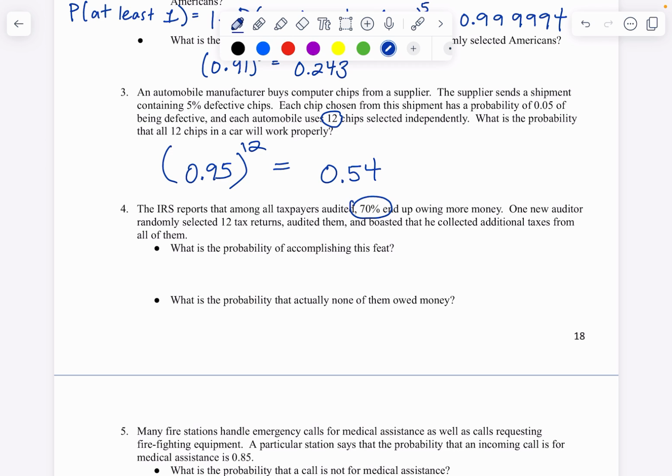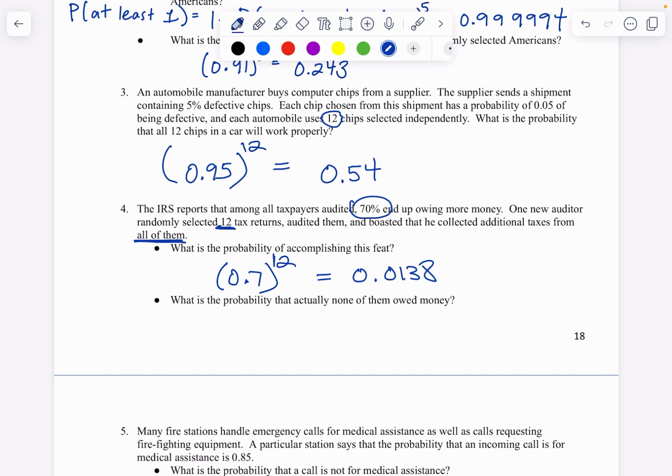This guy says out of 12 tax returns, all of them owed more money. So we have a 70% chance, and it needs to come true 12 times, 0.7 to the power of 12. So we should get 0.0138.